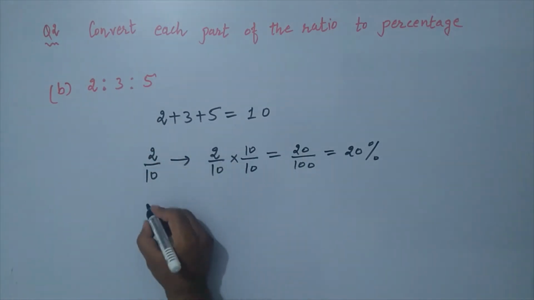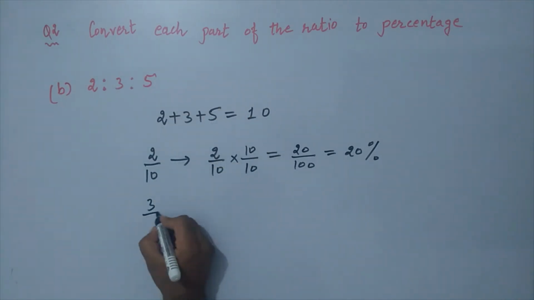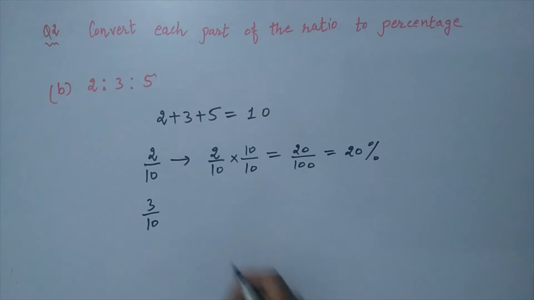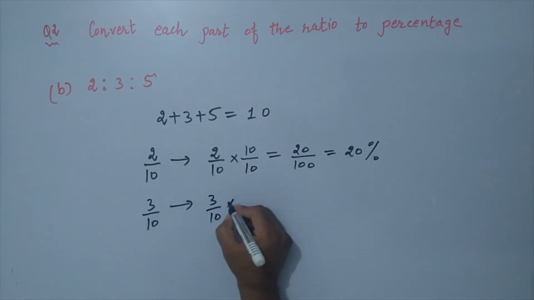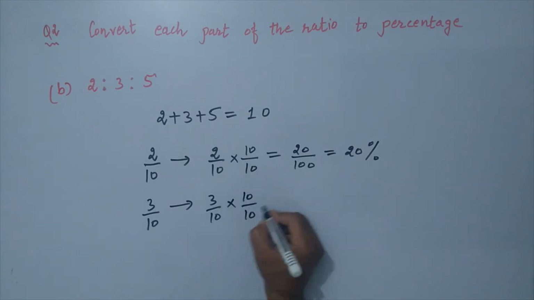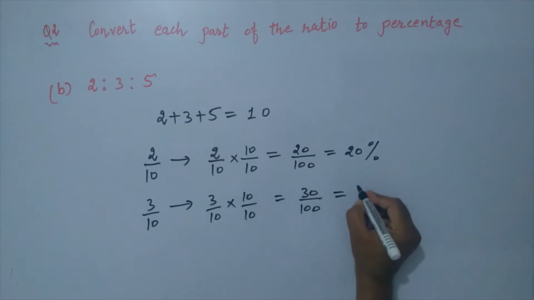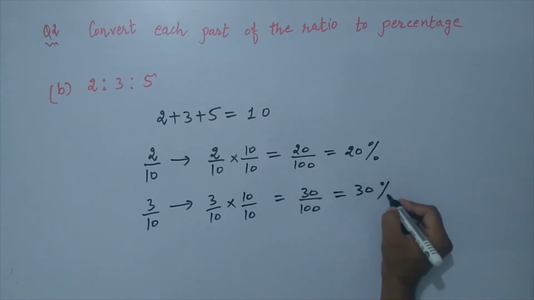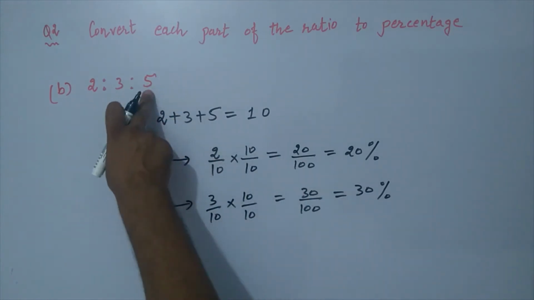Second part is 3. We write 3 upon 10. So this becomes 3 upon 10 into 10 upon 10 equal to 30 upon 100, which is equal to 30%. So second part is 30%. Third part is 5.